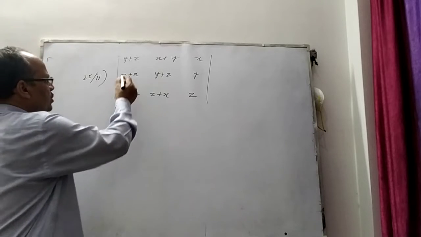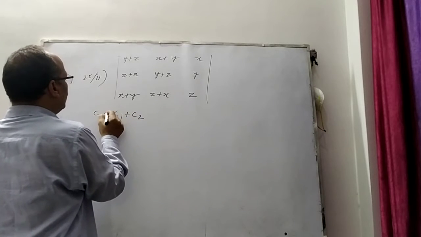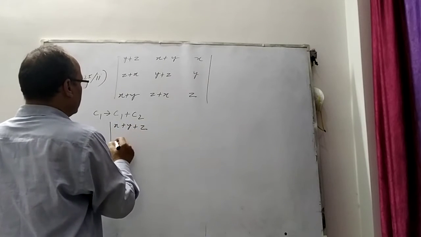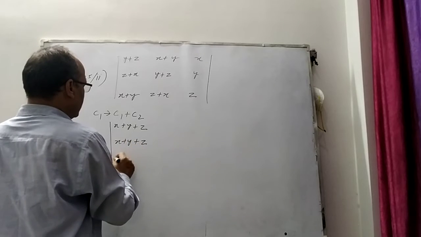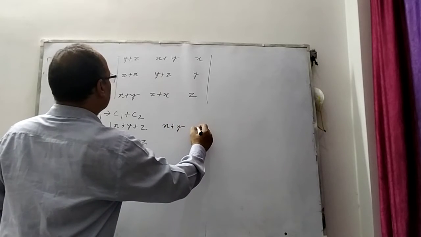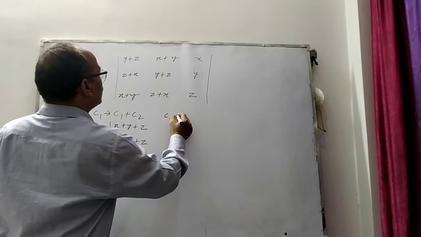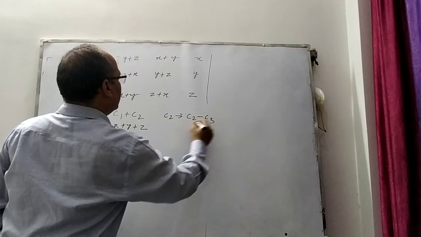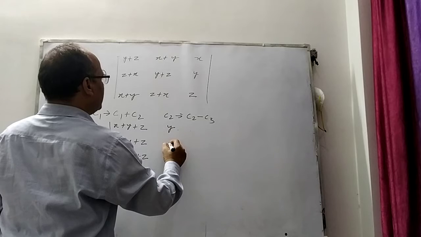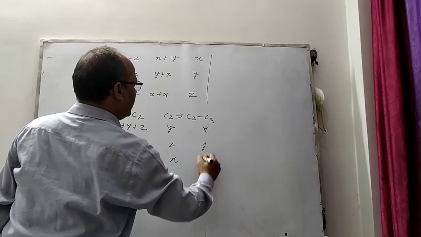Is that clear? So first you think: if you use C1 tends to C1 plus C2 plus C3, you will get x plus y plus z, x plus y plus z, x plus y plus z in the first column. Then C2 tends to C2 minus C3, and so on.